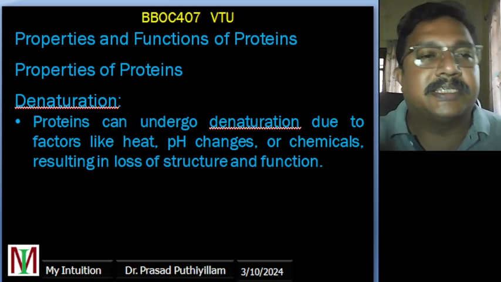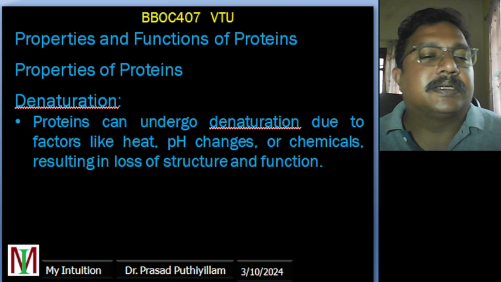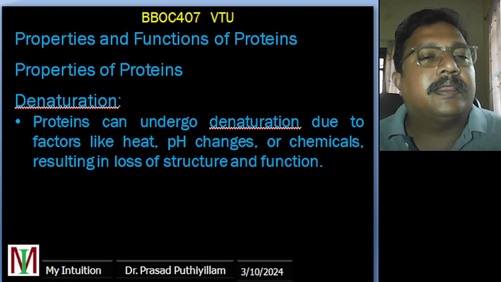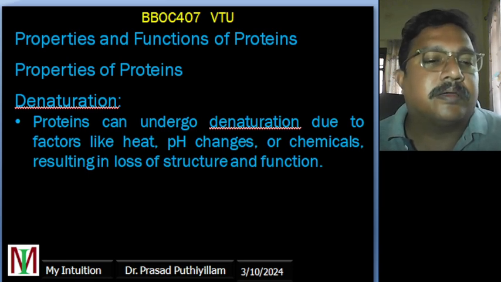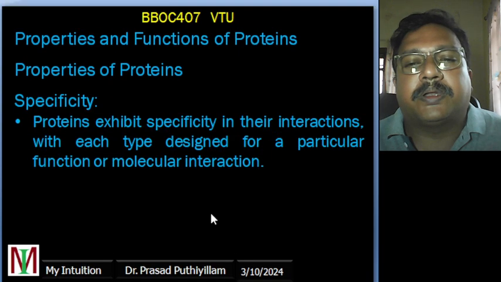It becomes denatured. Actually the egg is a protein, and it denatures. So denaturation happens when it is heated, or when the pH changes, or in the presence of harsh chemicals.